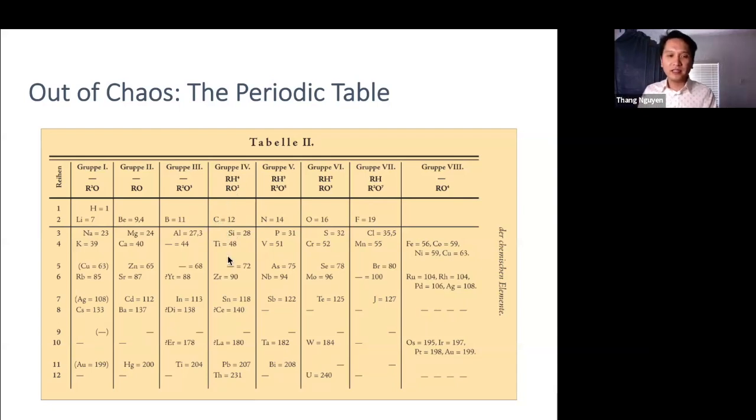So he puts it in this column and leaves this next atom blank, and predicts that this is indeed going to be a yet undiscovered atom, and he predicts that it will have a mass of 44. So he does that for a couple of them, right? You see here 44, 68, 72, 100, and so on.